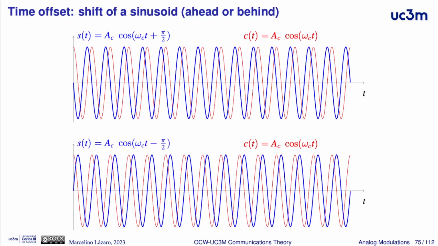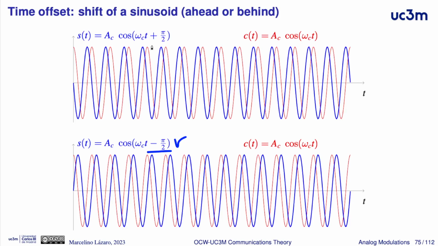However, if we subtract the same amount in the argument of the cosine, we have a delay of the modulated signal. Here, the signal in blue. Now, the blue signal is behind the carrier.